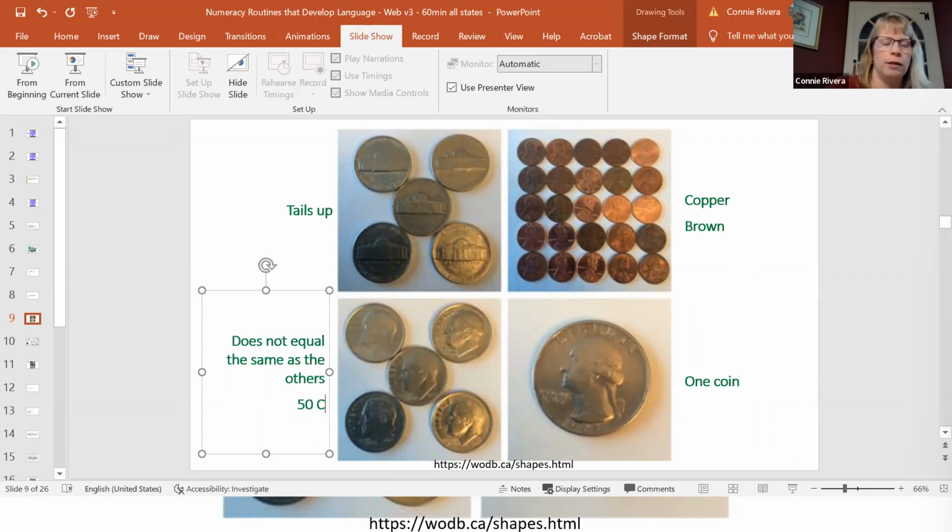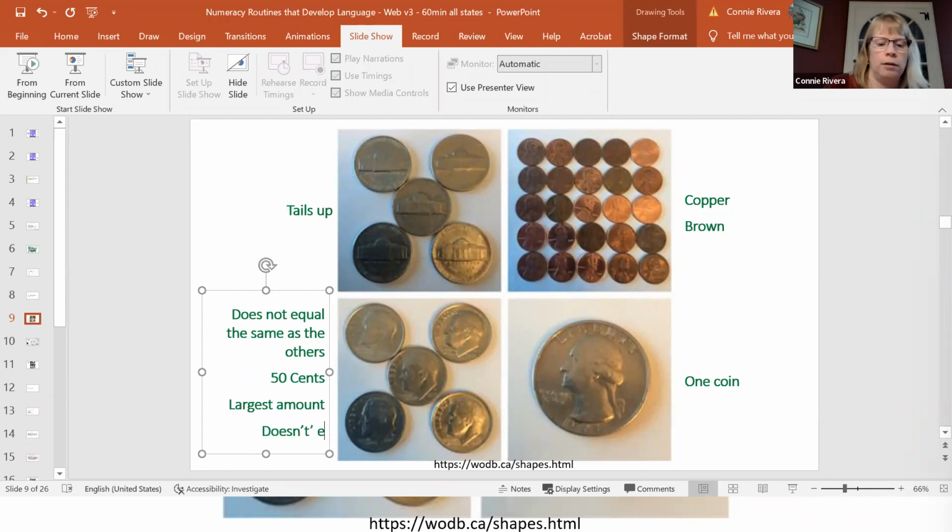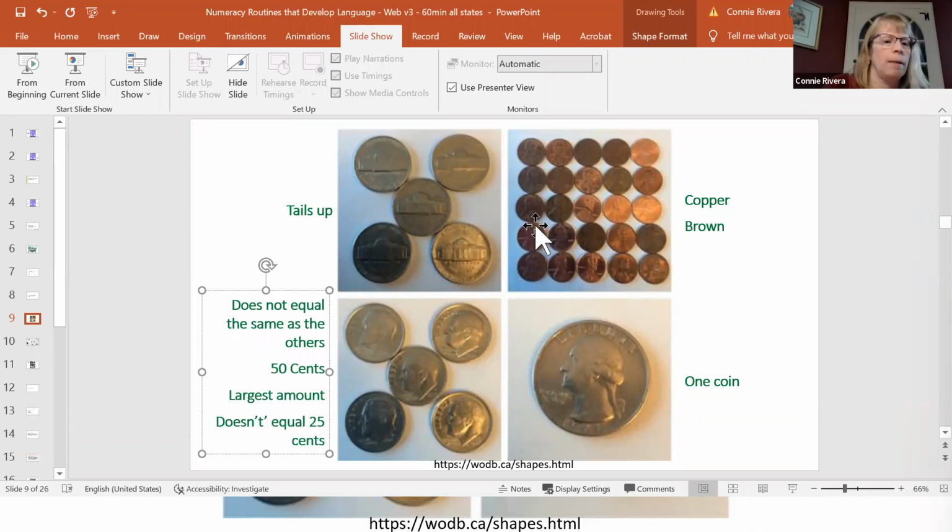This is 50 cents. Only want the tails of the largest amount. Doesn't equal 25 cents. Buildings, instead of faces.